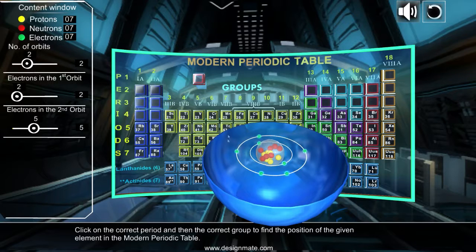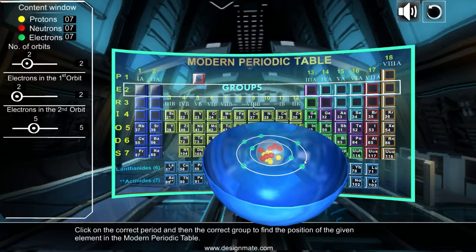Now based on this information, if I want to predict the position of this element in the periodic table, the number of shells denotes the period to which this element belongs. Since there are a total of 2 shells, this element belongs to the second period, and the number of valence electrons decides the group number of this atom.